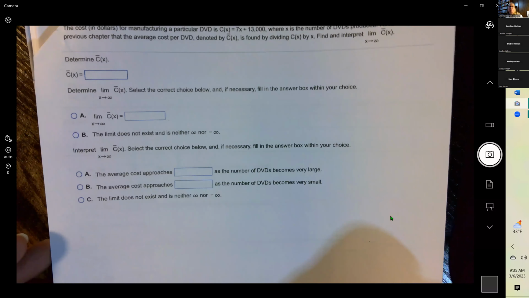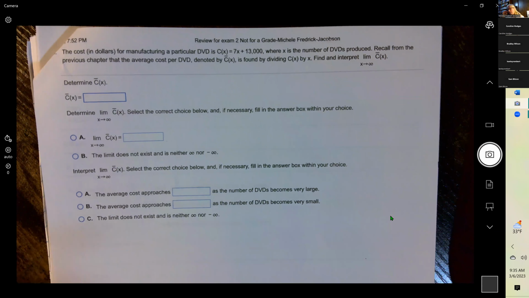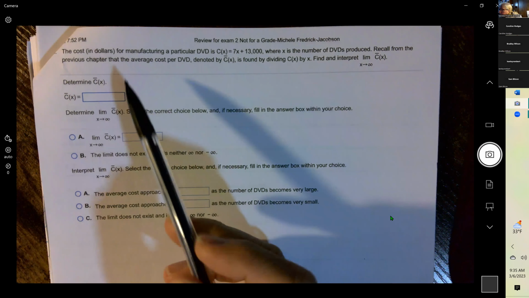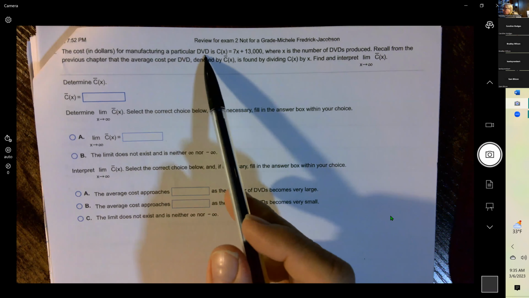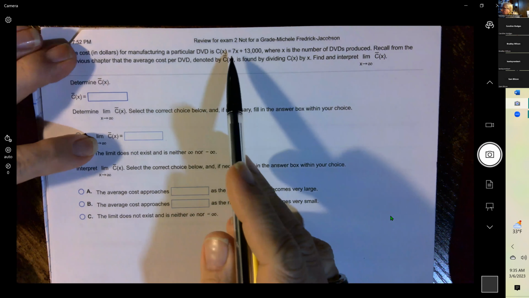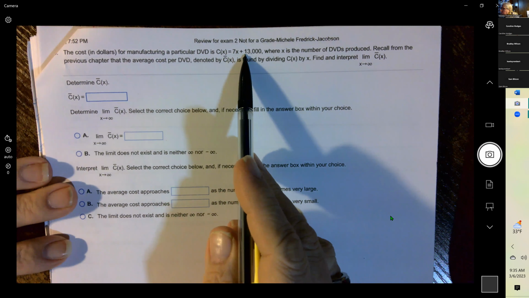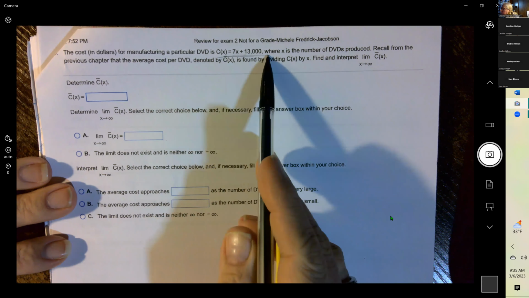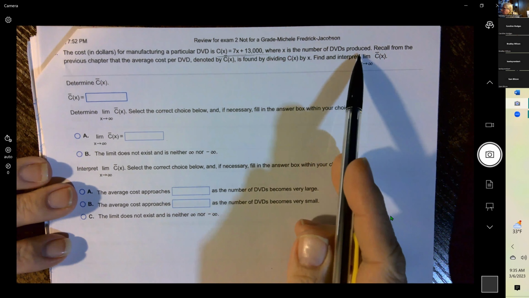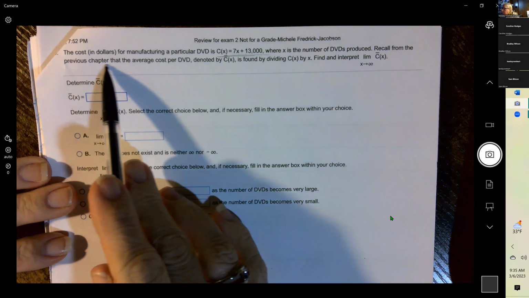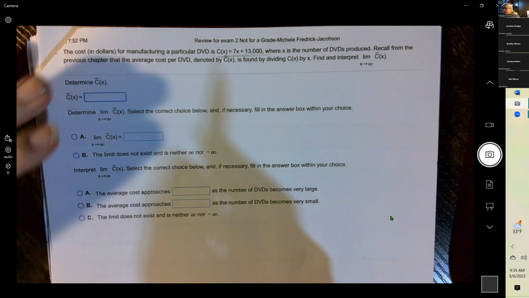The last one that's on your exam looks like this. The cost in dollars for manufacturing a particular DVD is C of X equals 7X plus 13,000, where X is the number of DVDs produced. Recall from the previous chapter the average cost function.